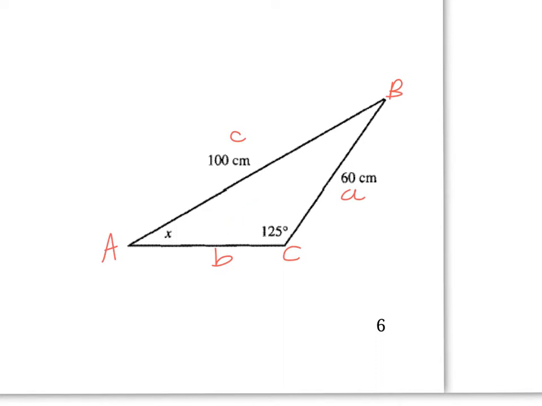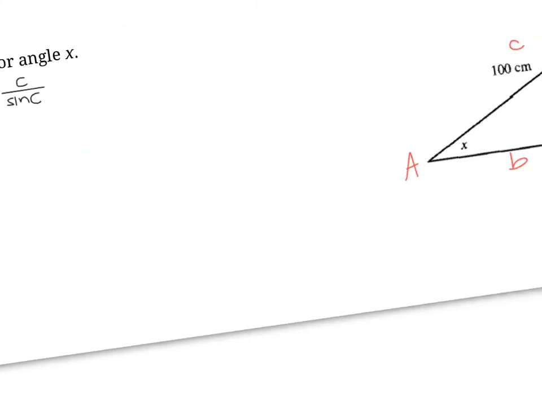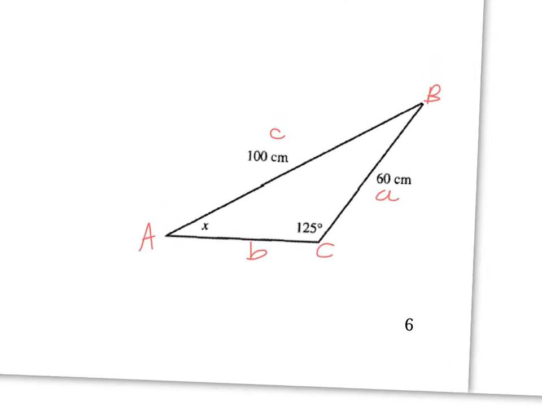And before I do that, is there an angle that I can find just like last time? In this case, we're missing 2 angles, so there's not a way for me to fill in anything that I'm missing here. So let's start filling this in now. Angle A, side A. We don't have angle A, but we can call it X, and side A is 60.